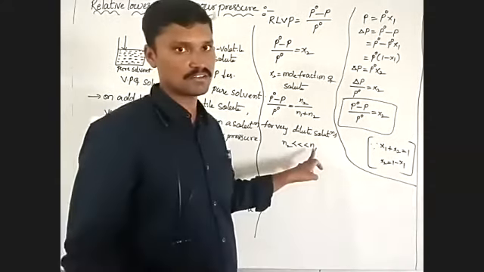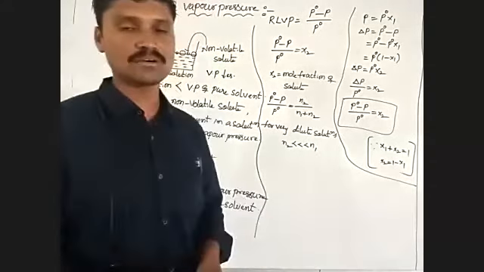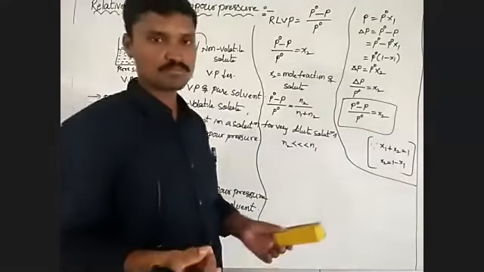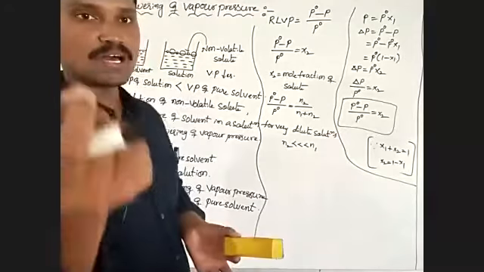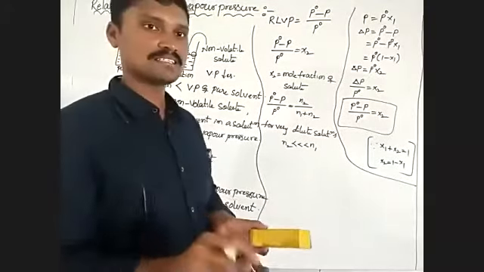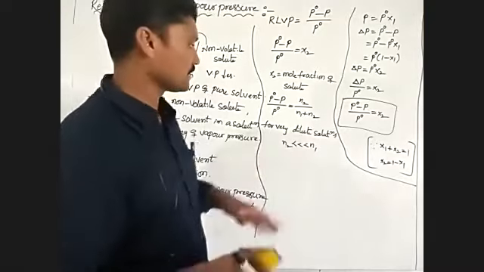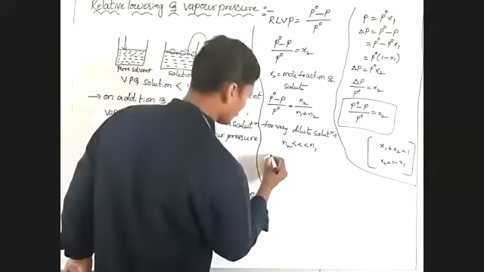For example, if you add a small spoon of salt in one bucket of water, that is negligible. So n2 is very less than n1. Then it is negligible.